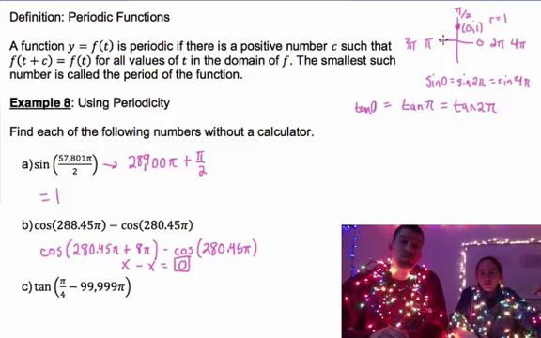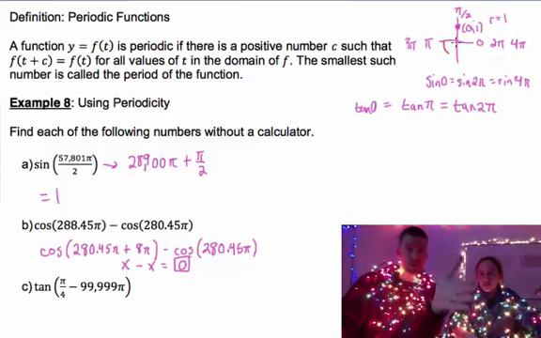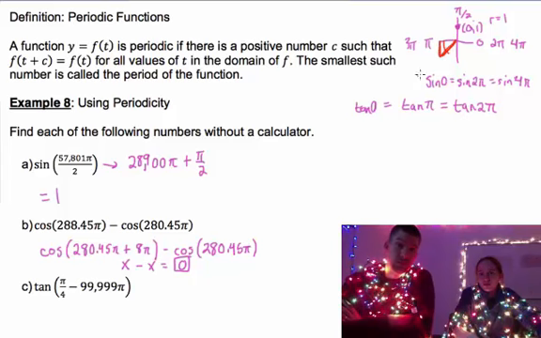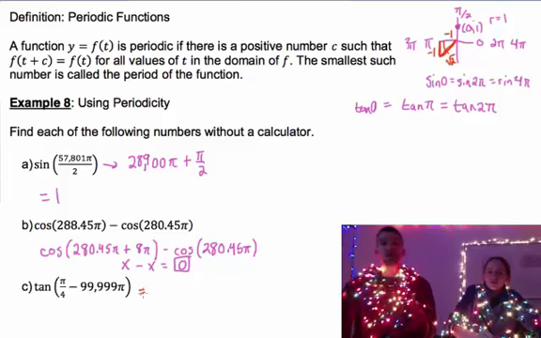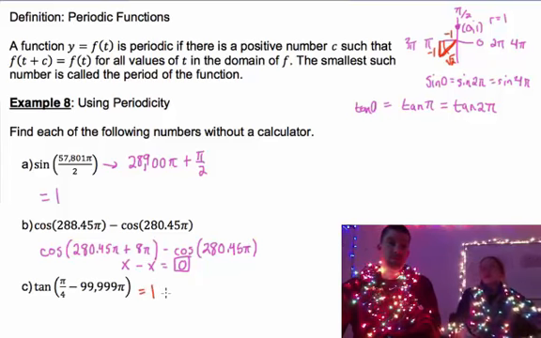The positive direction, since it says positive pi over 4. So that's a 45, 45, 90 triangle, which gives us 1 over 1, so tangent is 1. That's how you use periodicity to find trig functions.